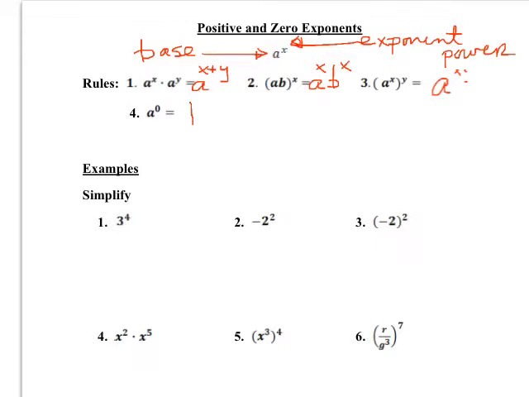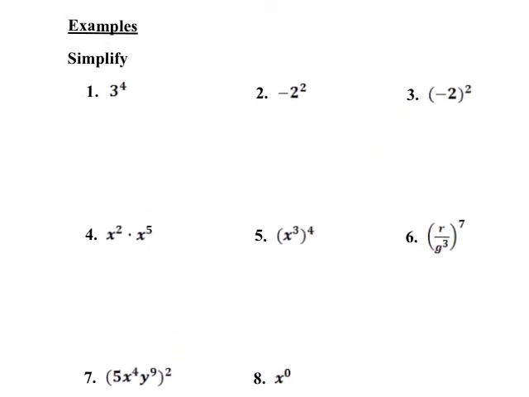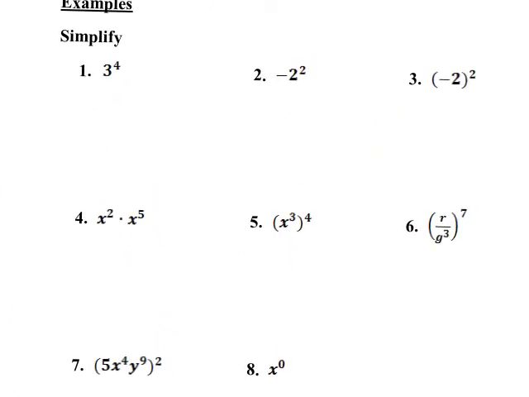But right now, let me go back here real quick. Let's go down here and actually talk about simplifying some of these, and let's actually apply some of these. Now this first one doesn't really use any of those 4 rules of exponents, but just talks about how do you figure out what 3 to the 4th is.